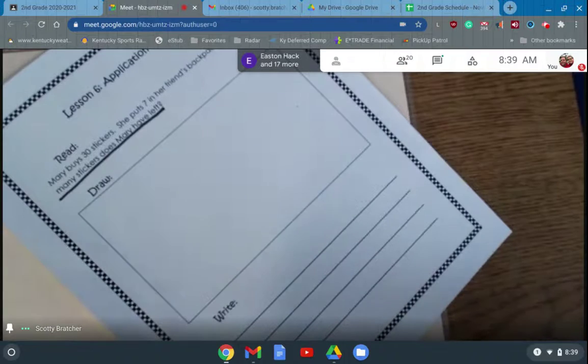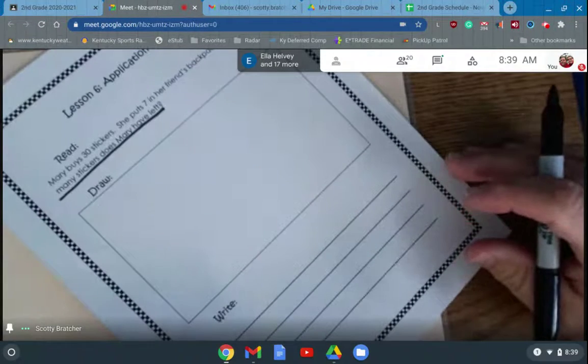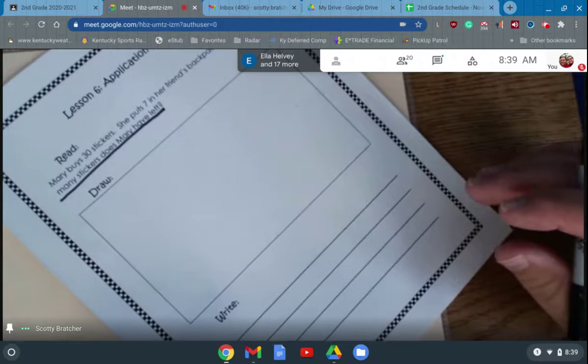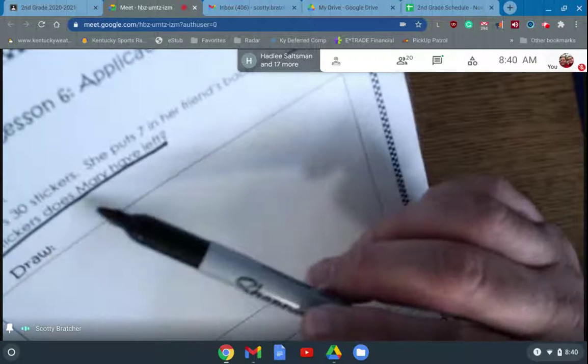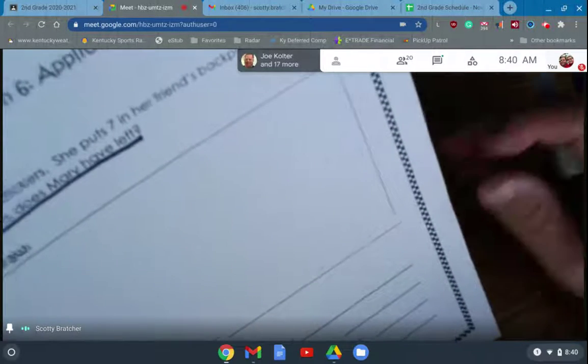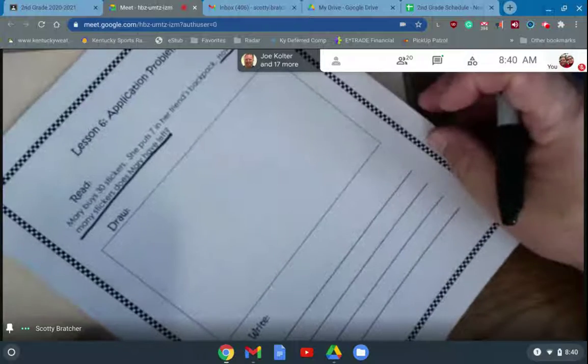Callie. Let me read it again. You lost your train of thought. That's all right. How many stickers does Mary have left? How would you restate that?